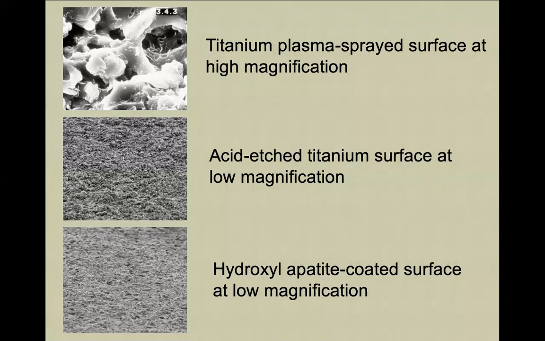Today, dental implants have a special covering, or a special design of their surface. Their surface is irregular on a microscopic level. As you can see in this picture, it's not smooth.